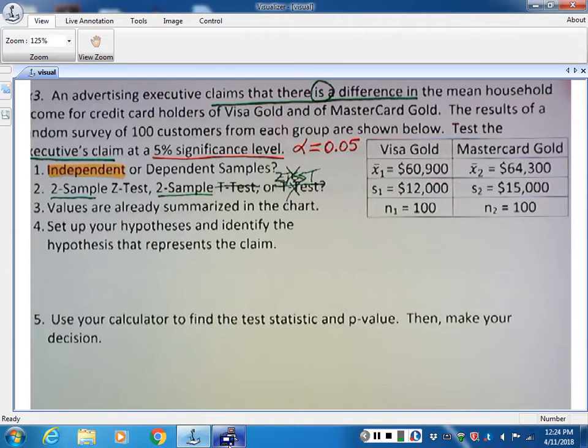No. I had a question about the previous question. If it was dependent, what would we do differently? You're going to see that in the next example. Right now in this one, I only wanted you to know how you might think it was dependent if they had given you a little more information. But right now, we know it's independent. Will these always usually be two-sample tests?